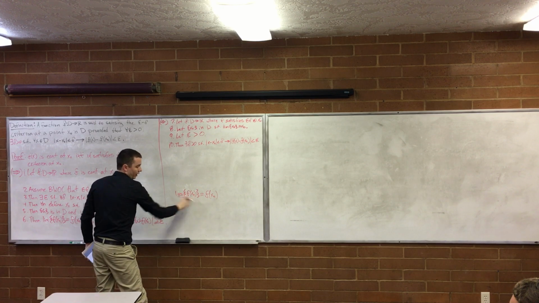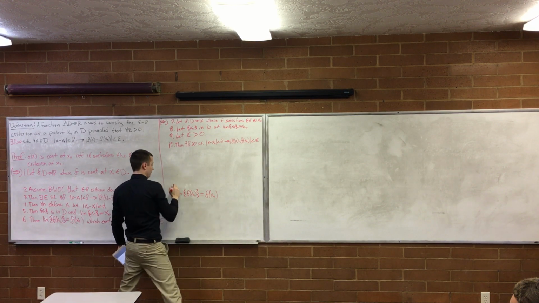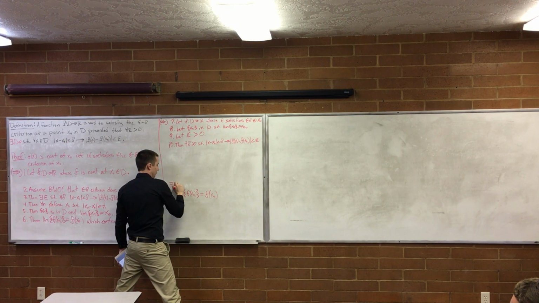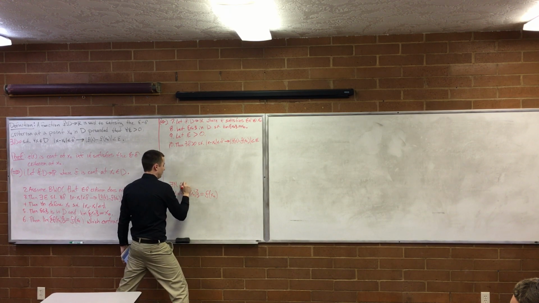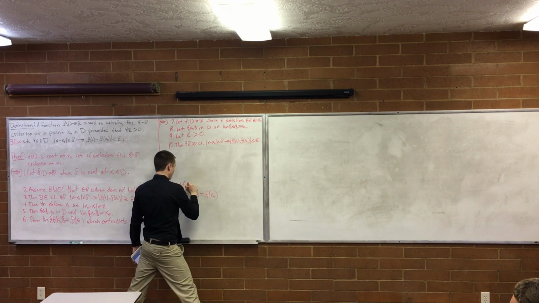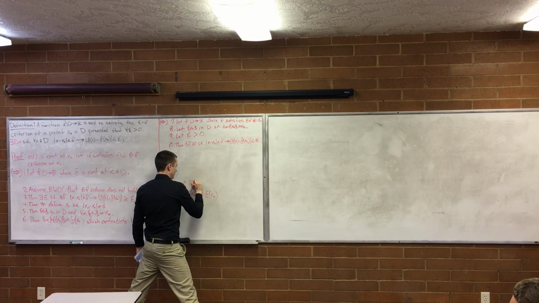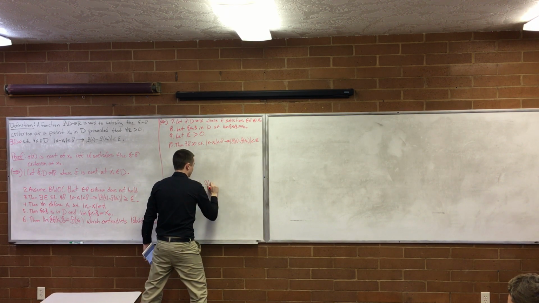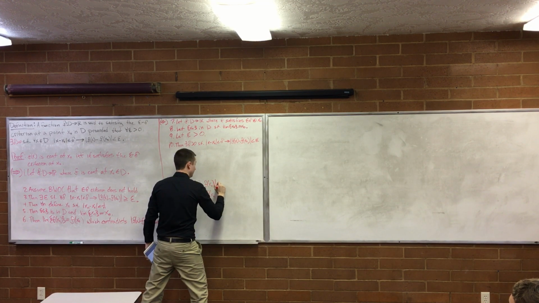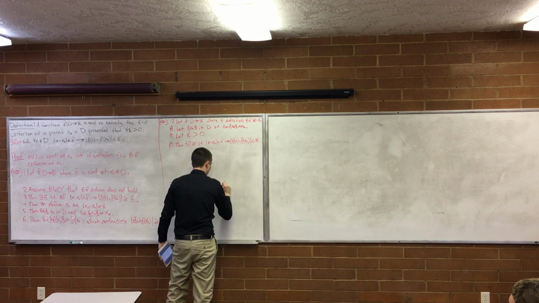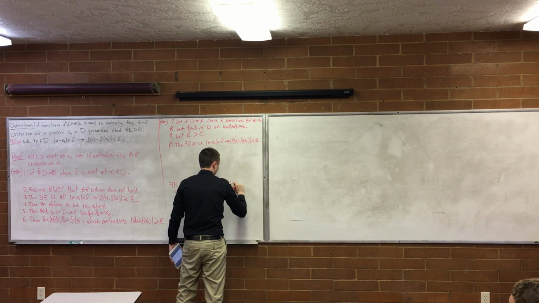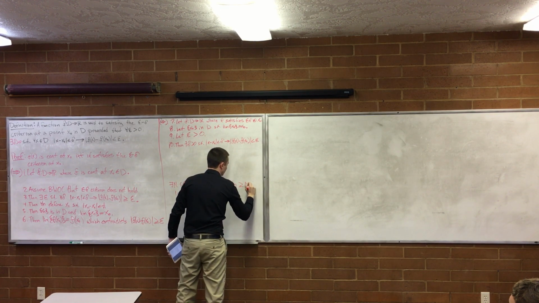I know I will have gotten there when I can show that there exists some index N such that f of xn minus f of x naught is less than epsilon for all n greater than or equal to N.